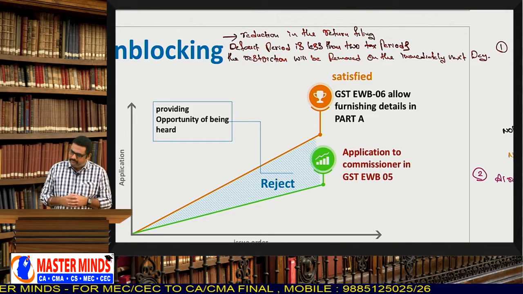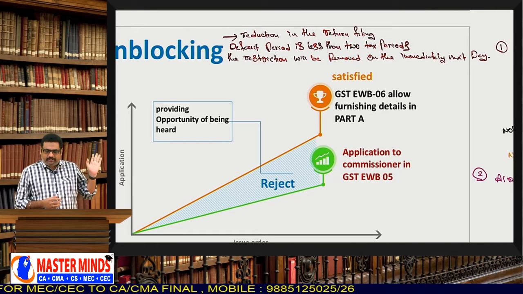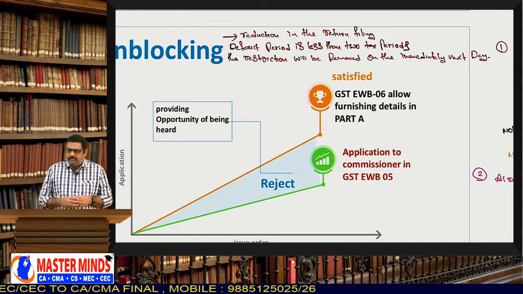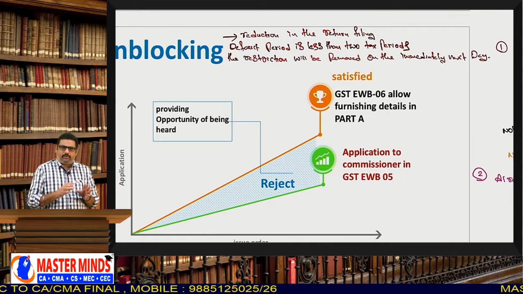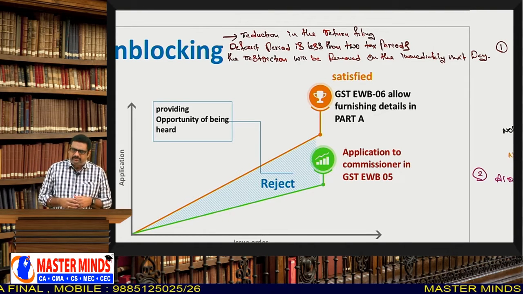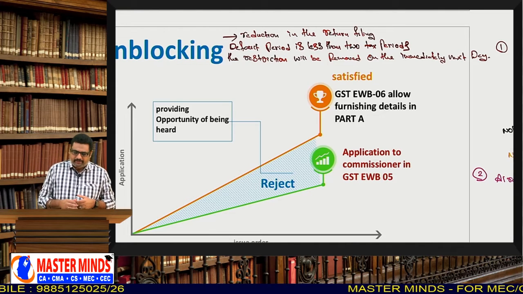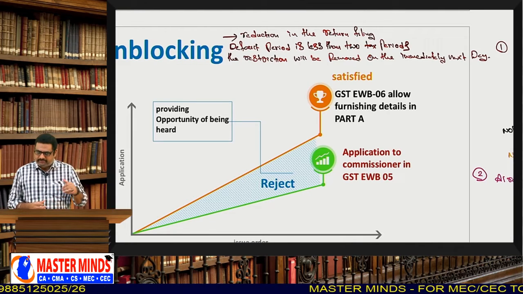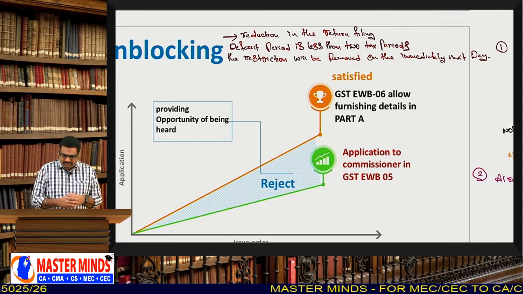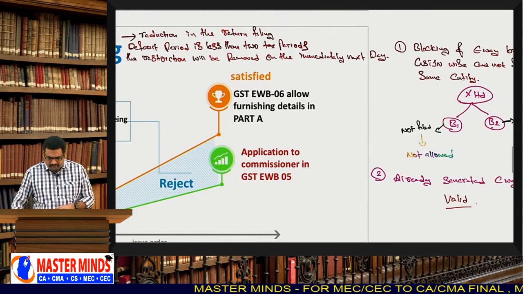If he is satisfied, he will give permission to furnish details in GST EWB 06 Part A. Otherwise, if he does not feel there is any reason to give permission, he may reject the application. But before rejecting the application, he should provide a reasonable opportunity of being heard to the other party, that is the SSC, and only then may he reject the application. Understood? And another point is there, here we will see.